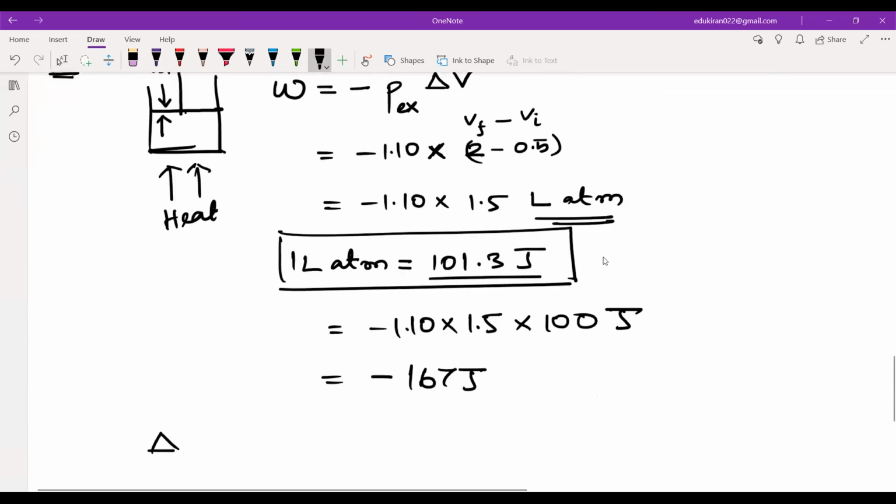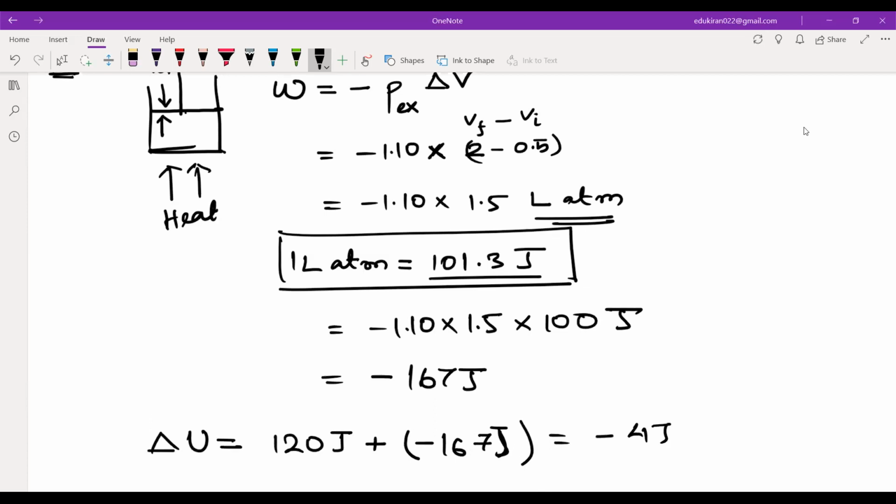And hence we can write delta U is equal to 120 joules as heat plus minus 167 joules as work. So this will be equal to minus 47 joules. Okay, minus 47 joules. Please write this down and let me know if you're done.